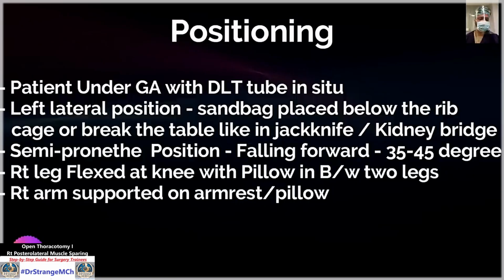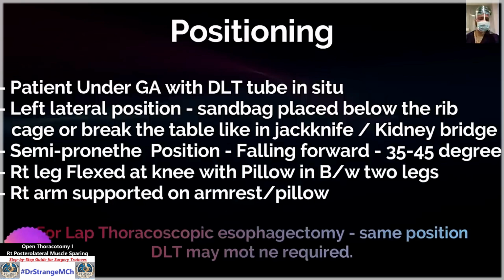After placing the double lumen tube, the patient is changed to left lateral position, and we place a sandbag below the rib cage so that the upper rib cage opens up, or the table break may be raised as in a jackknife position, or like a kidney bridge, and the patient is then tilted towards a semi-prone position, that is falling forward, or sky falling position, with the angle of 35 to 45 degrees depending on the convenience of the surgeon. The right leg is flexed at the knee with a pillow between the two legs, right arm supported in the armrest or over the pillow.